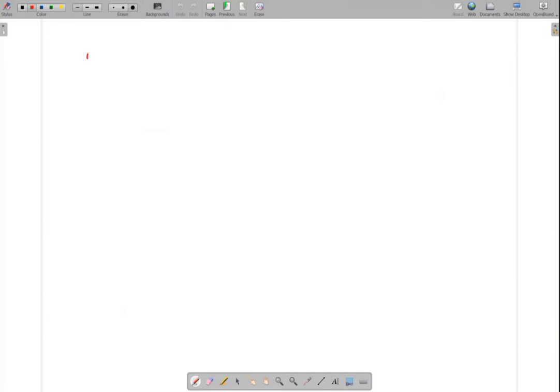Here, the message vector is represented by m. The range is from M0, M1, M2 up to M2 power k minus 1.